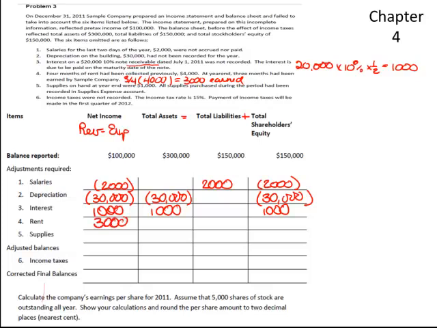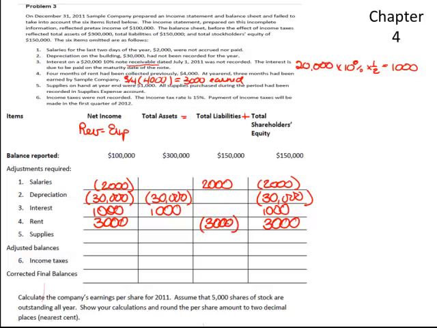So revenue will increase $3,000, which increases retained earnings $3,000, and our liabilities, since it was an unearned revenue, decrease $3,000.